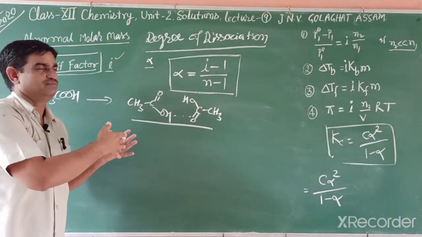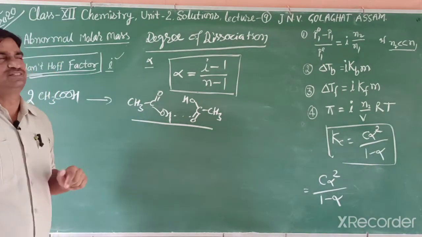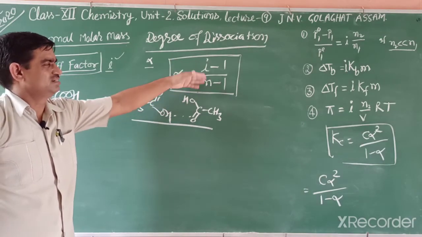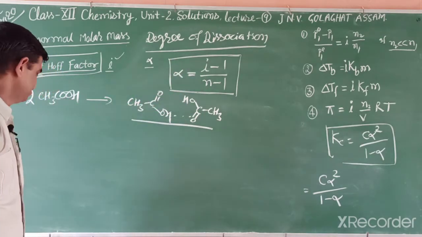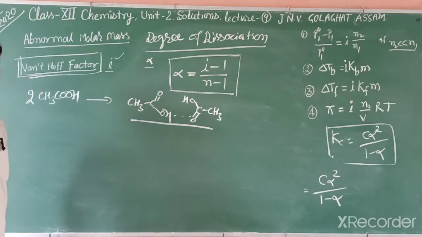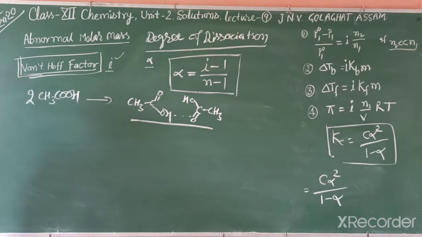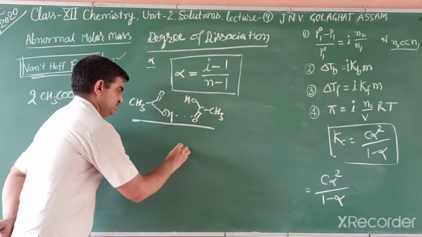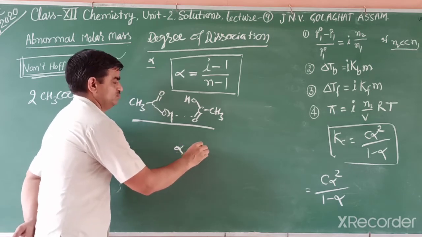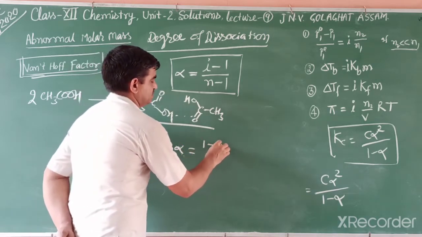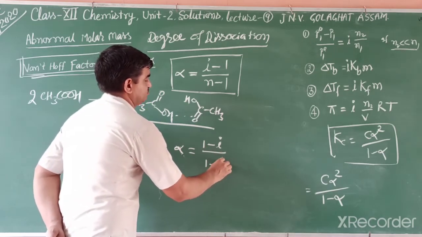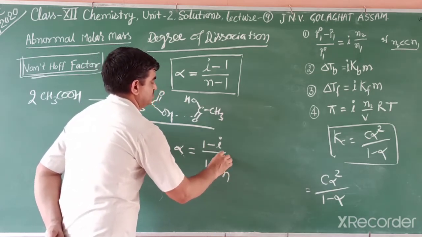In this way, for association, the relation between the degree of association, the Van't Hoff factor and the number of particles is: degree of association alpha is equal to 1 minus i divided by 1 minus 1 by n.